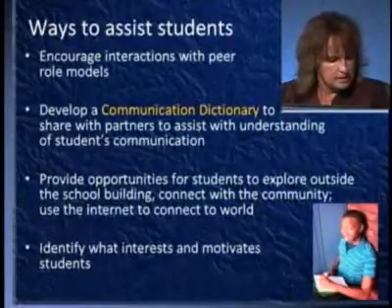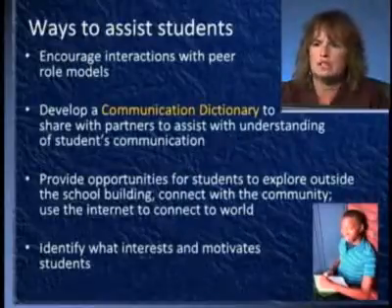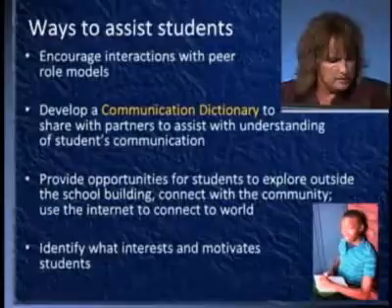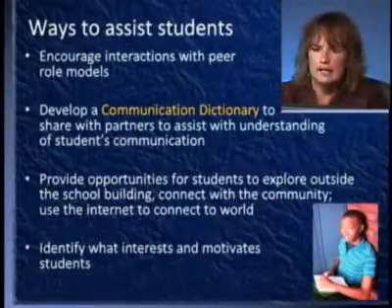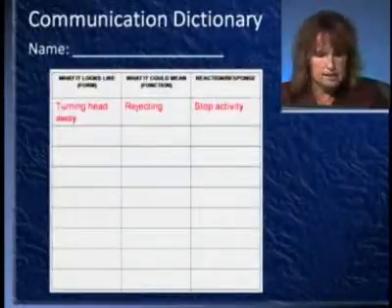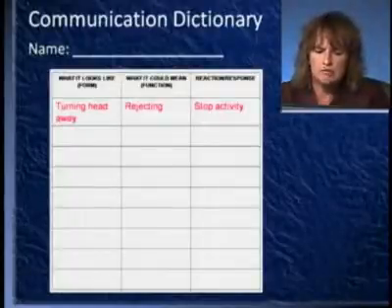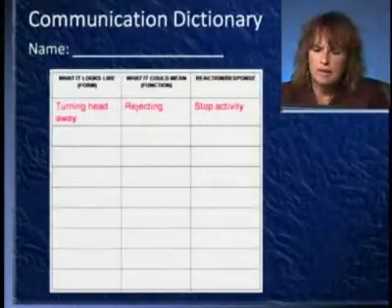Some students with intellectual disabilities have particularly unique ways to communicate. And one way to understand this student better is to develop a communication dictionary. This is a very simple form, not really a checklist, in which to document what the student's behavior looks like, what it could possibly mean, and how we should respond.